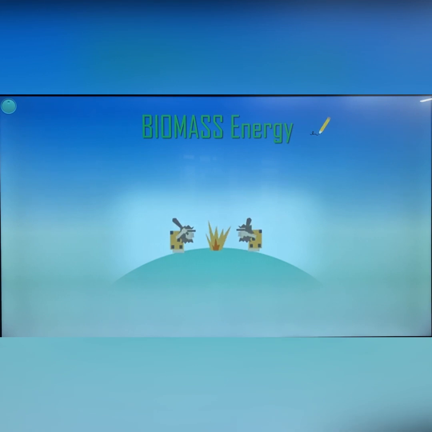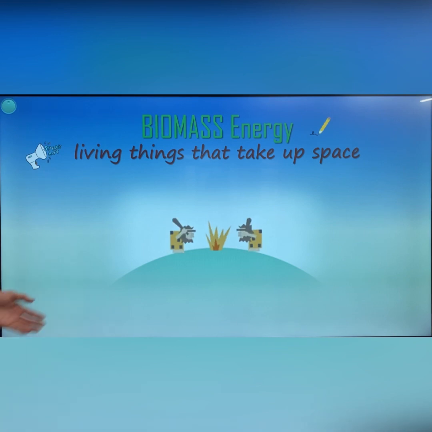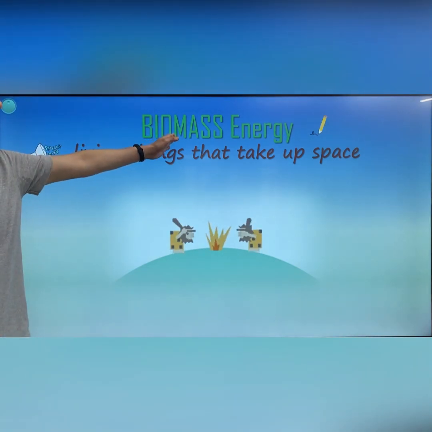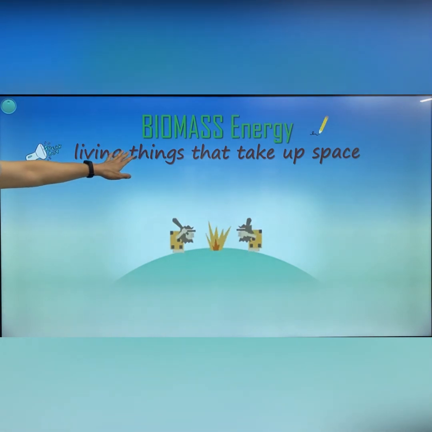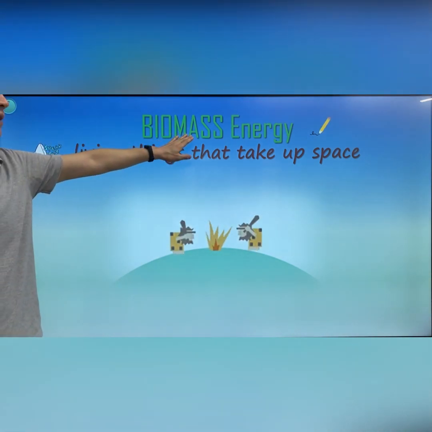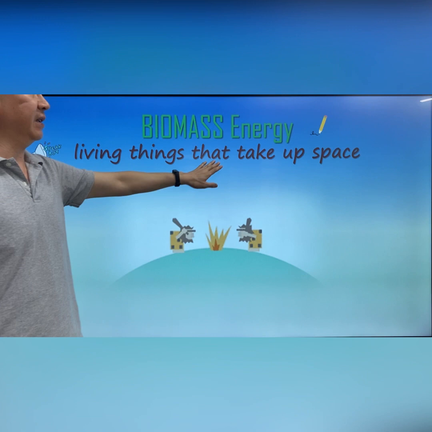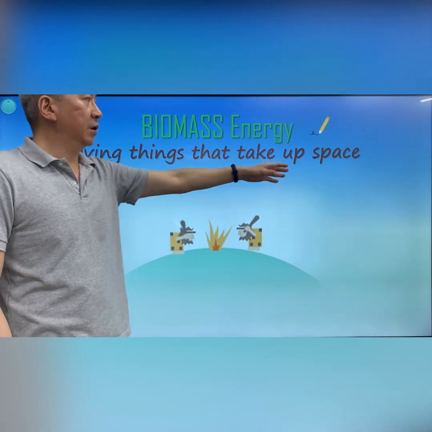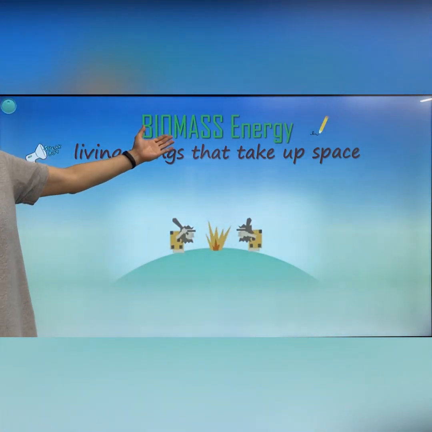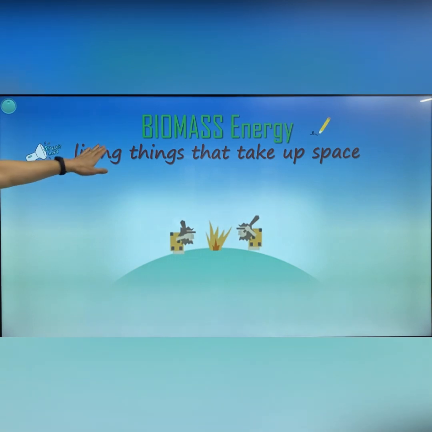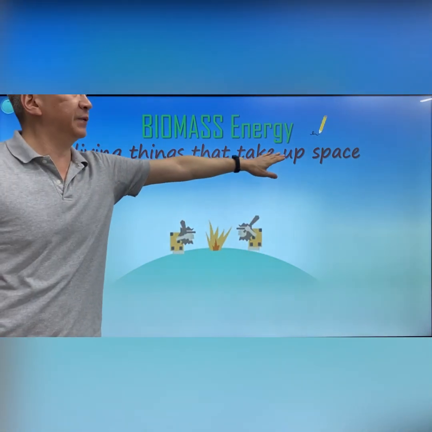What is biomass energy? Well, first we have to know what biomass is. Bio is from the word biology, which means living things. Mass is anything that takes up space. So we could think of biomass as living things that take up space.